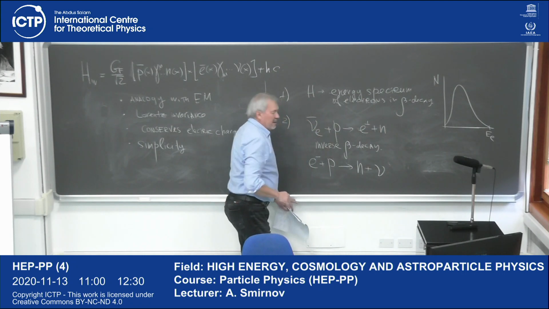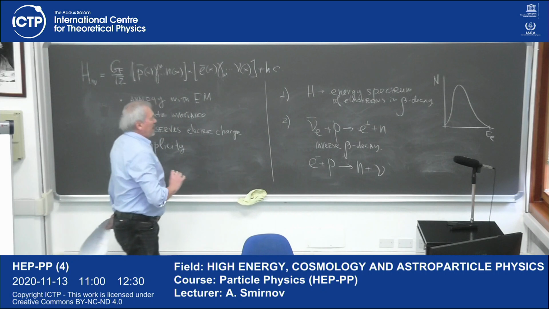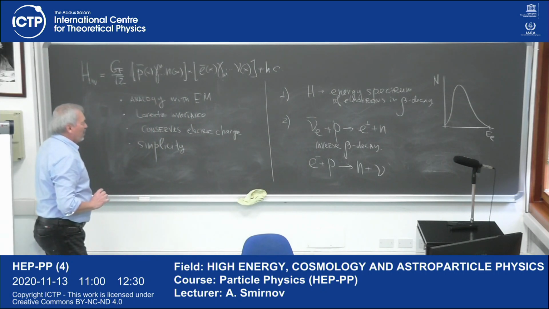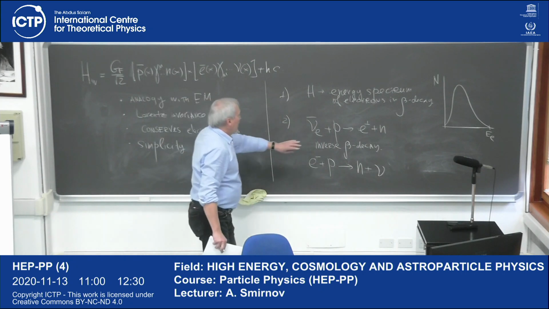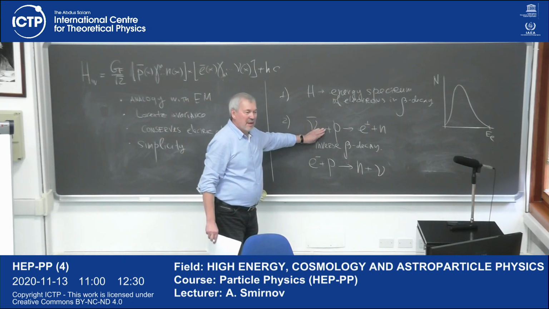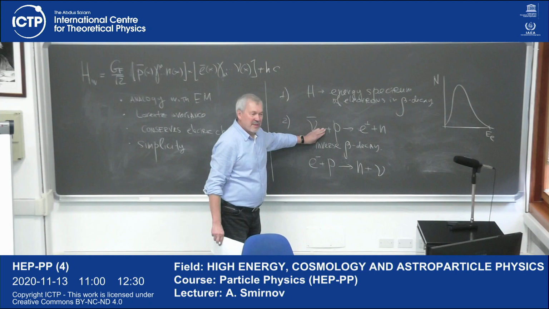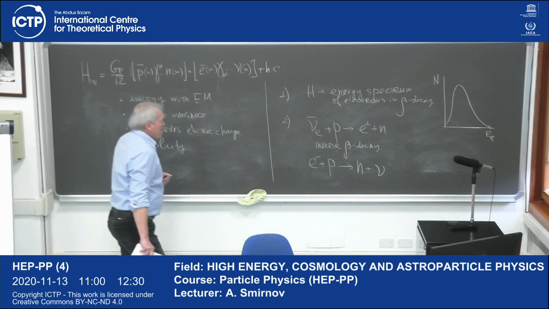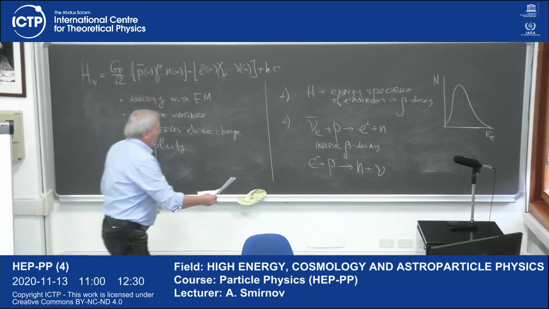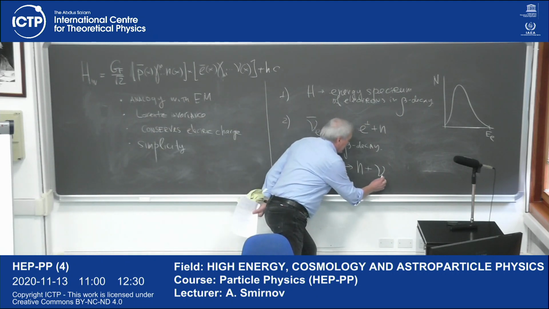I put here e. This is the correct identification for this process. Although in the time of Fermi, it was not known that neutrinos are of different types, I'm writing what we have now already understood. And of course here I should write also electron neutrino.